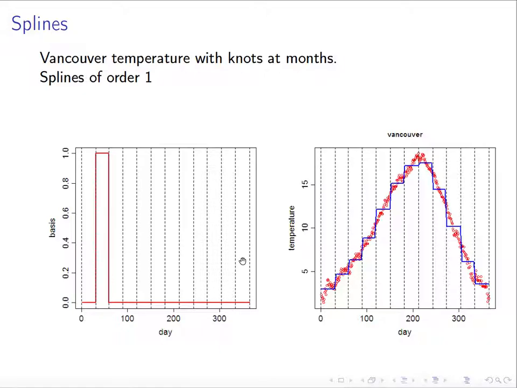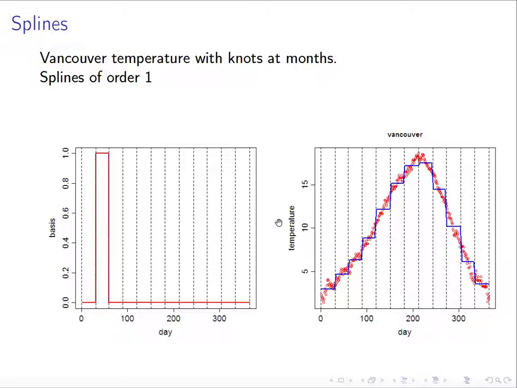Okay, here is an example again with the temperature data. Each vertical dashed line represents the location of one knot. Here we have 1, 2, 3, 4, 5, 6, 7, 8, 9, 10, 11, 12, 13.